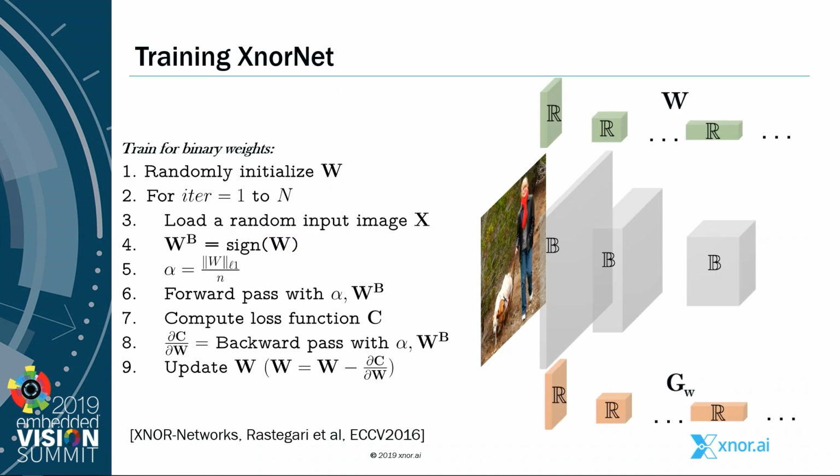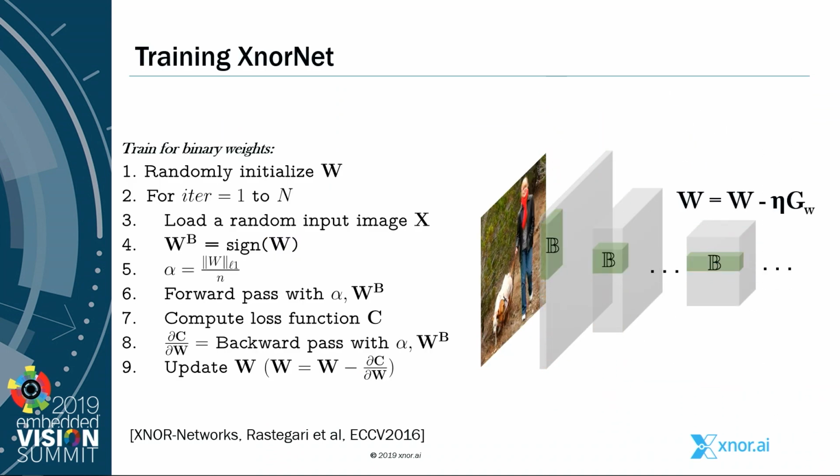In order to do that, we had to modify the learning algorithms of a convolutional neural network. We built a new type of backpropagation algorithm that can find a set of real values that, if we binarize them, minimize the loss function.